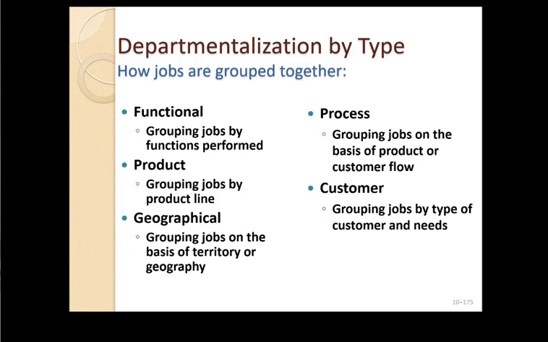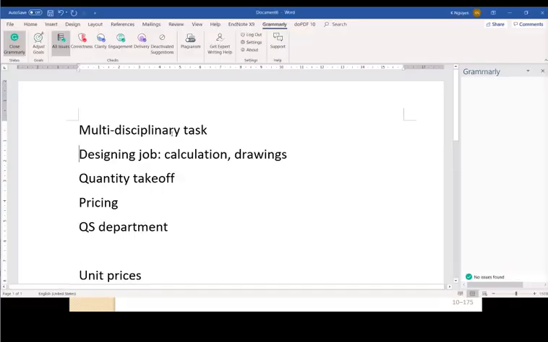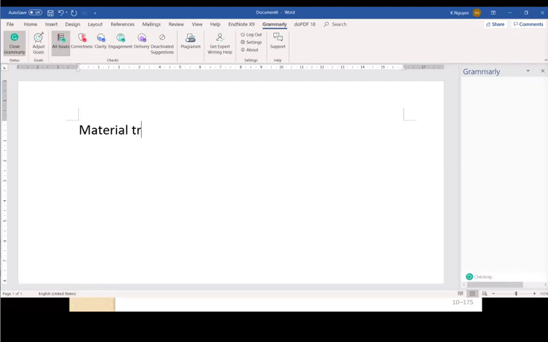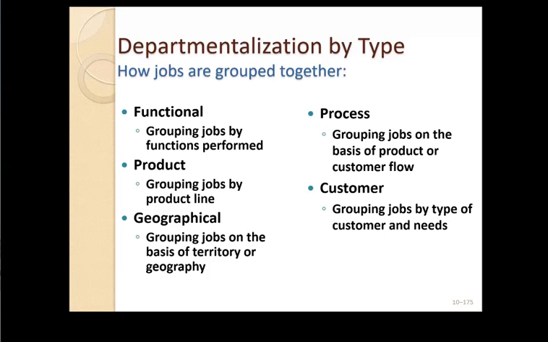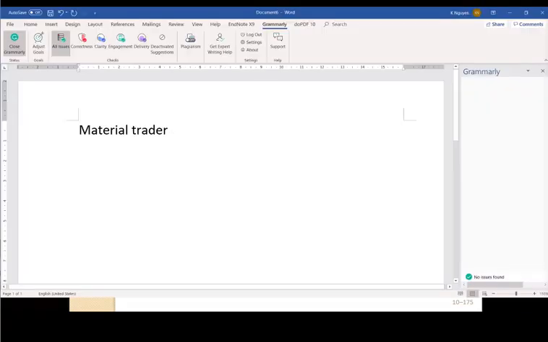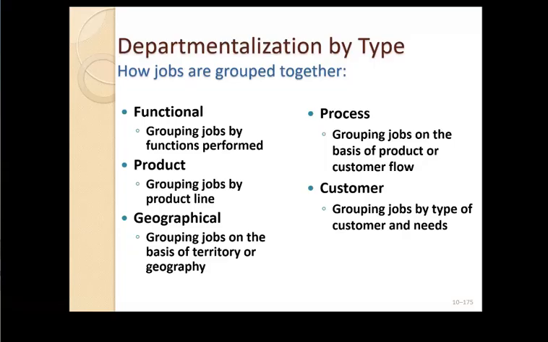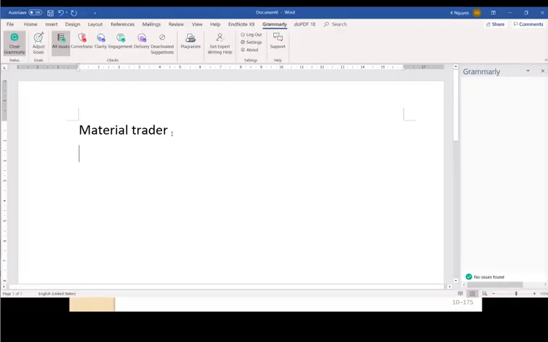But they can also do the job of the material trader, right? It means they will buy material from somewhere and then sell to their client, and they can also sell to internal customers as well, right? So these are different types of products for that company. It means they've got different product lines, right?